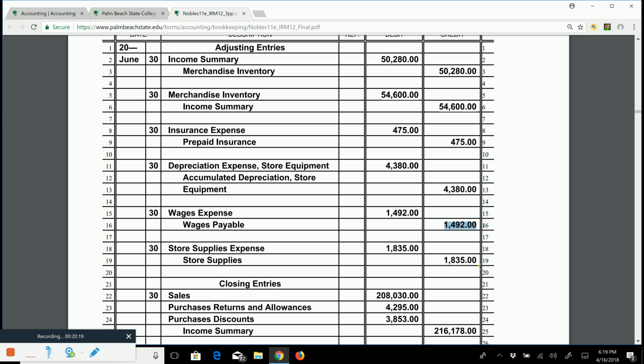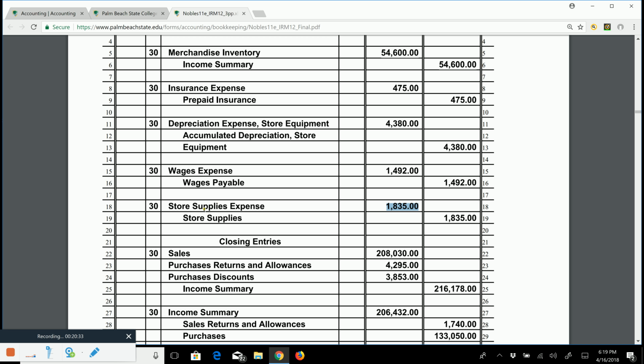Well, there's only $100 worth of supplies here. That means the difference between the $1,935 and the $100 that's still here, the difference are the supplies that have actually been used. So what we will do is we will debit or increase the supplies expense, and we will credit this asset called store supplies.